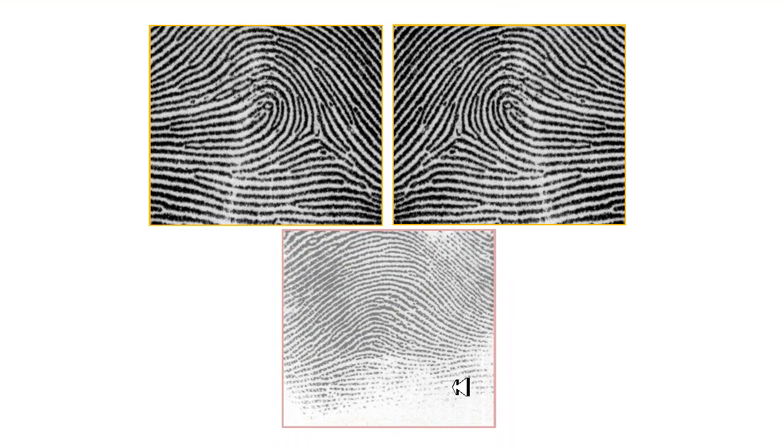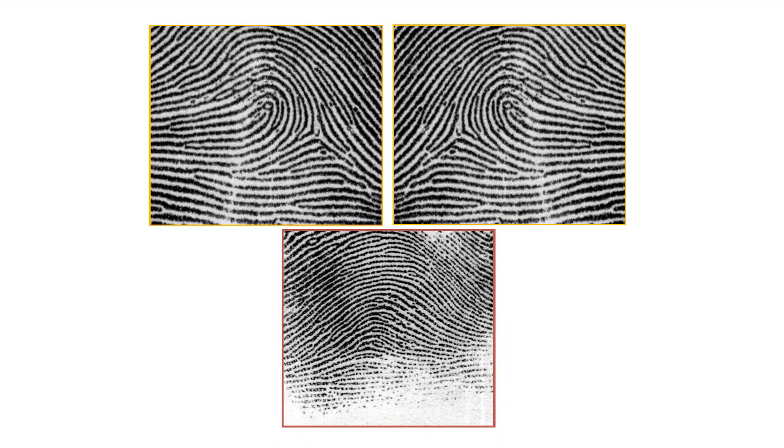Let's revisit the arch pattern and make the comparison that these ridges start from one side, rise, and return lowered to the other side. They very conspicuously do not make a change or a loop, a recurve, and come back.